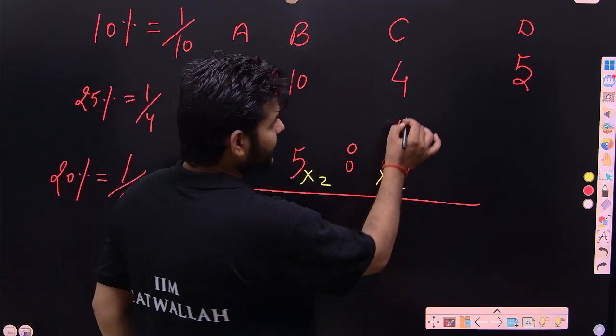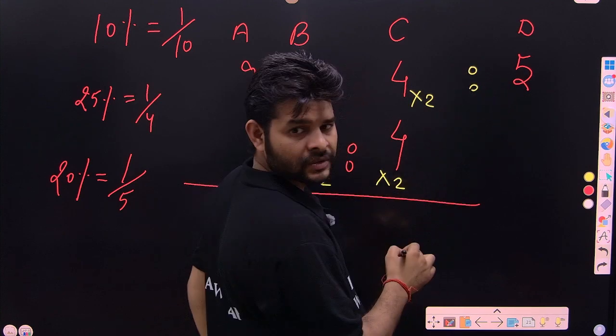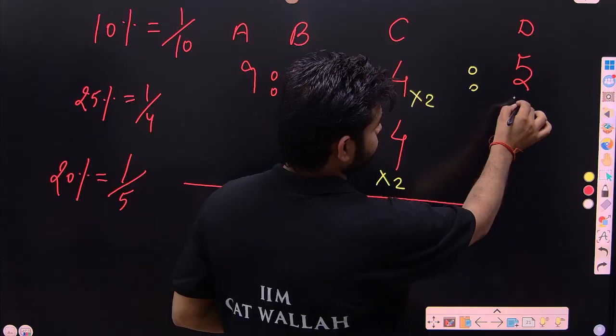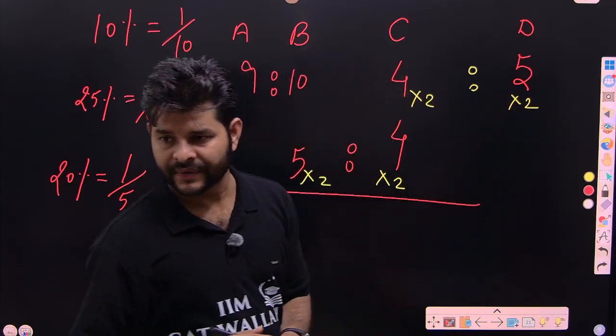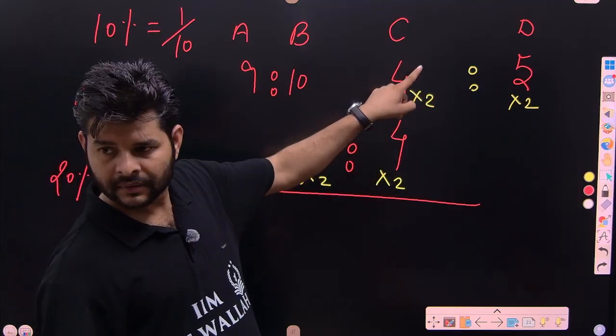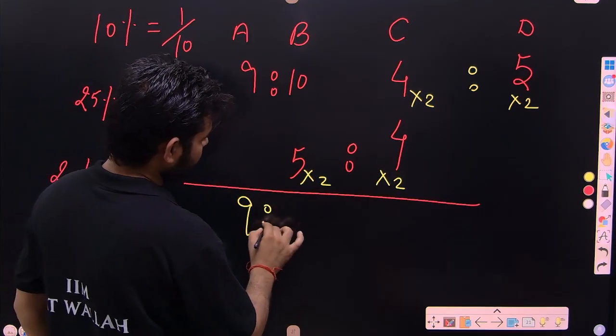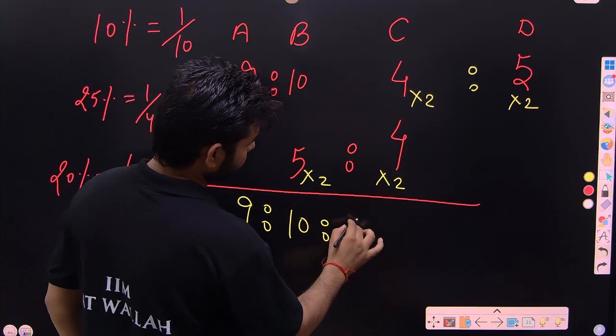So I will multiply by 2 here, and this is the ratio with that one. Now, all the things are fixed. Over here 10, 10, 8, 8. So basically the final ratio would be 9, 10, 8 and 10.